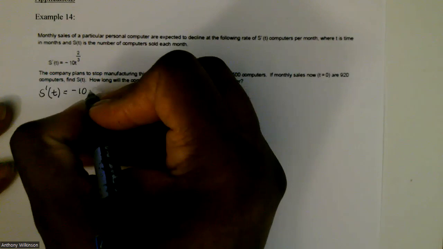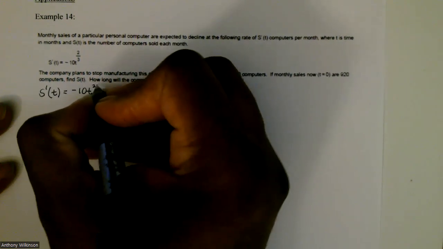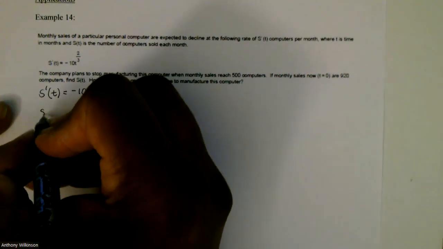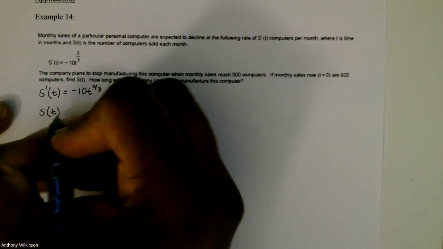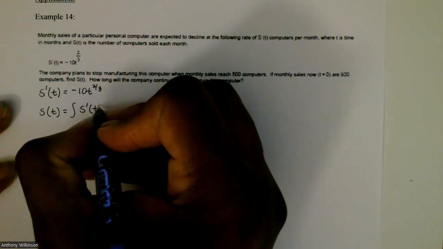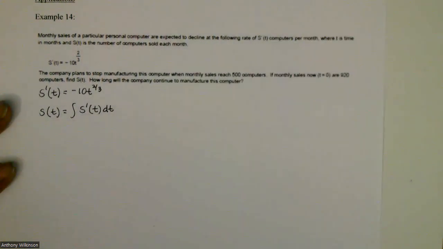Okay, so now we know what S prime of t is: -10 times t to the 2/3 power. So to find S of t, it's going to be the integral of S prime of t dt.